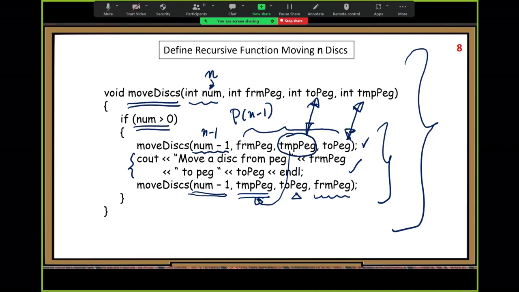The code is so short, but it solves a pretty complicated puzzle problem. That's the point I want to show you. You have seen the power of recursion, the power of recursive algorithms. Think about it: if you do not use recursion here, can you solve the puzzle problem?